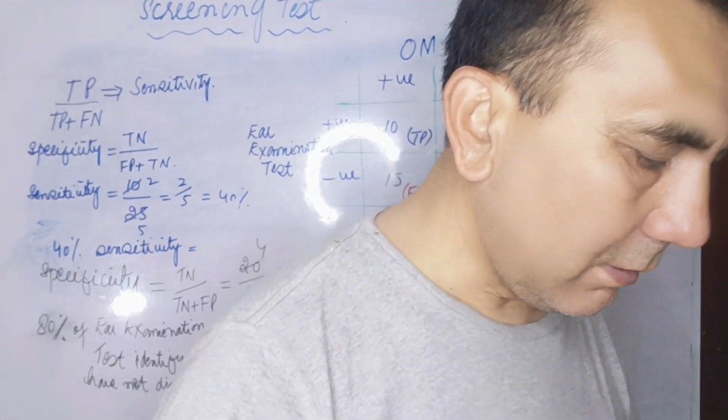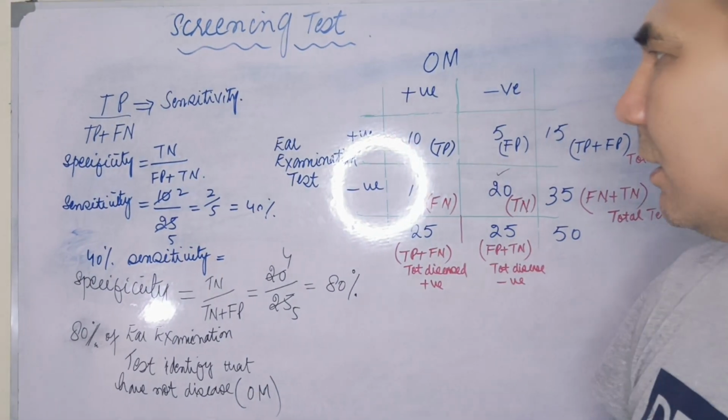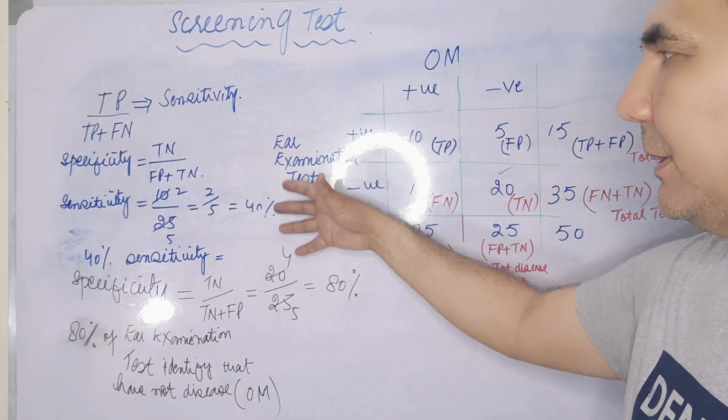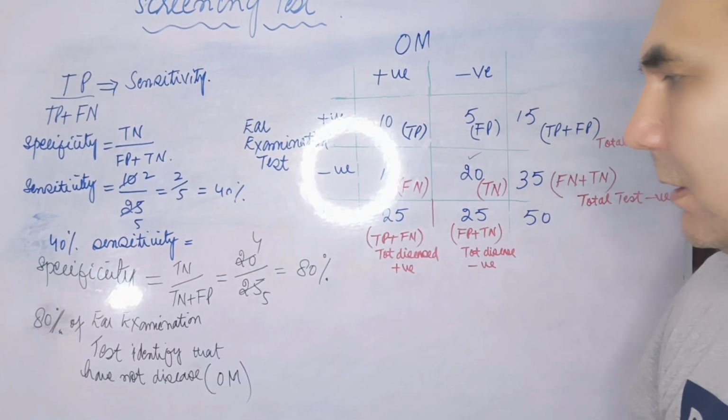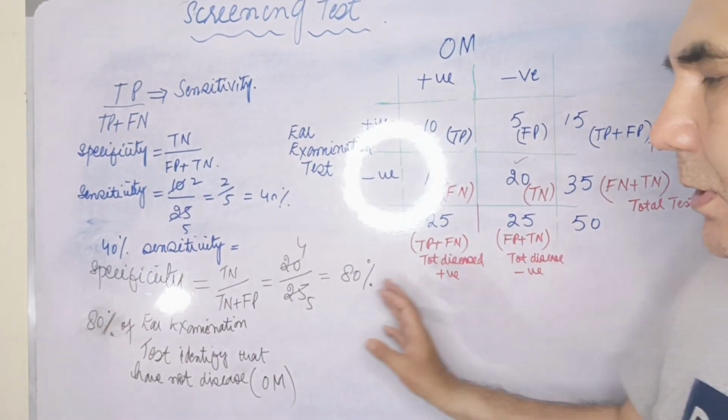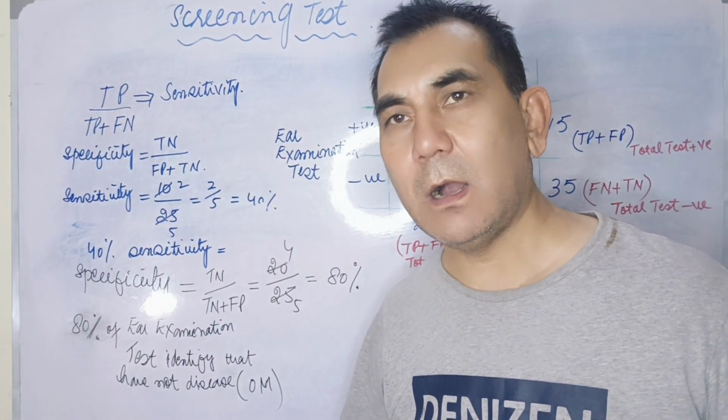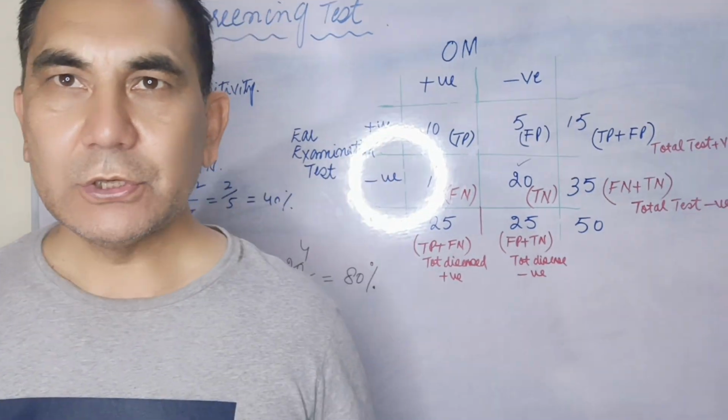By the physical examination done by the pediatrician, he identified 80% of the people who do not have otitis media among these 50 children.